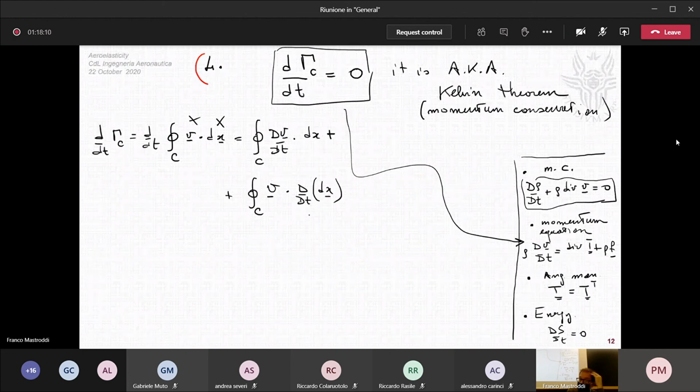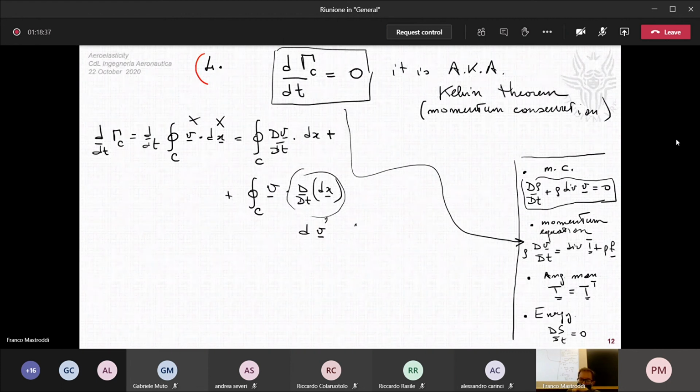X is the motion. X is representing the position occupied by the particle in that time, and we are following the particle in this motion. Therefore, the absolute time derivative of the motion is the velocity. So this quantity here is dv.